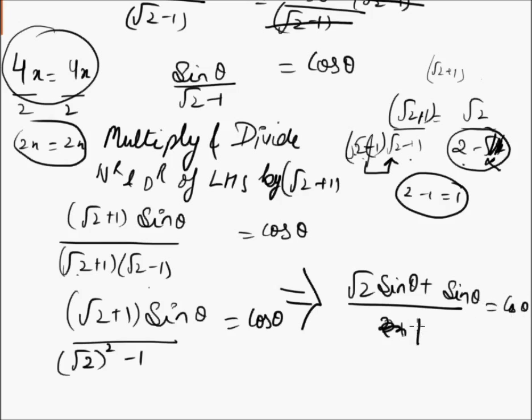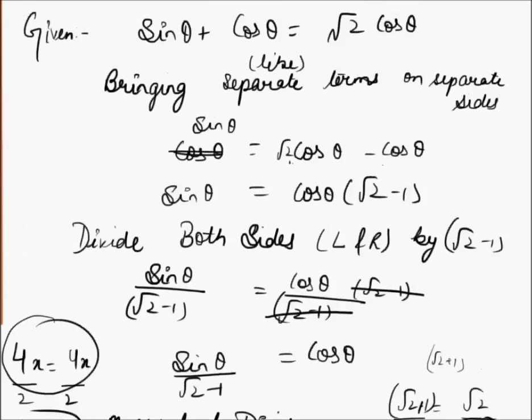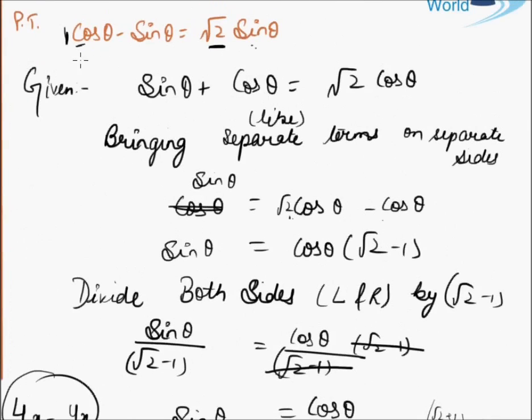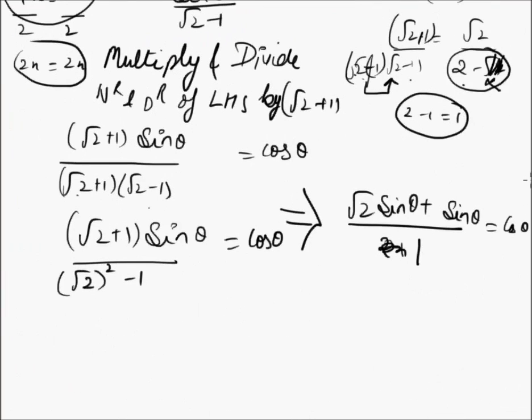So here we need cos theta minus sin theta on the right hand side. Rearranging the terms, we have under root 2 sin theta equals cos theta minus sin theta, because this one is cross multiplied with this cos theta and moves to the other side.